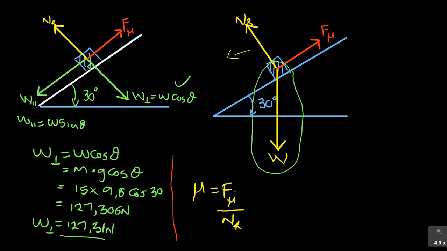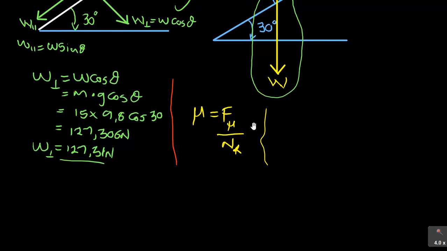This is, in this case, our NR that I was having here. Now, remember, I'm interested in friction, so for me to find friction, what I need to do is to make F mu the subject of the formula. So I need to multiply everything by NR, and even this side by NR.